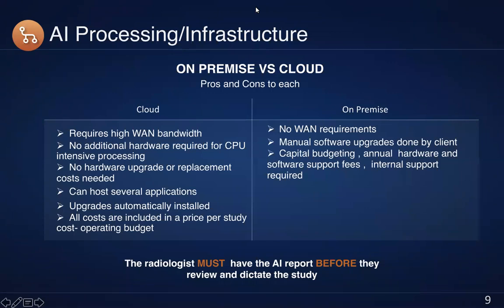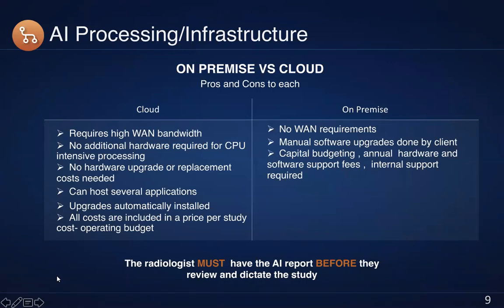There are no hardware upgrades or replacement costs. You can host several AI applications running in the cloud. Upgrades are installed automatically. And the biggest thing for almost every facility is that it comes out of the operating budget, not the capital budget. Now, all the costs are included, from service and support on down.